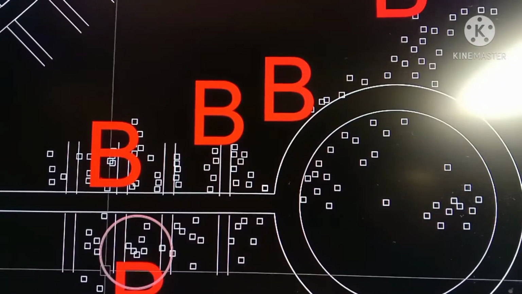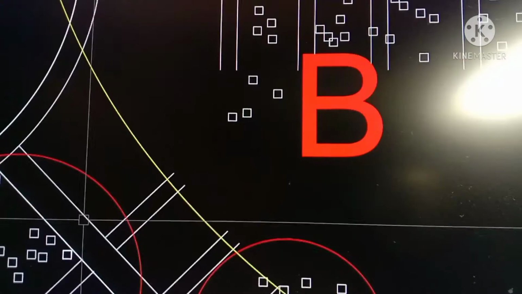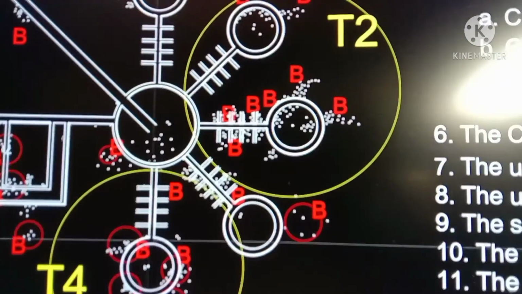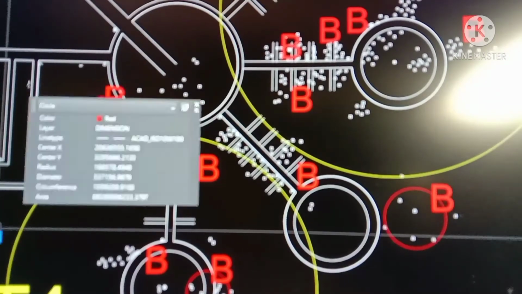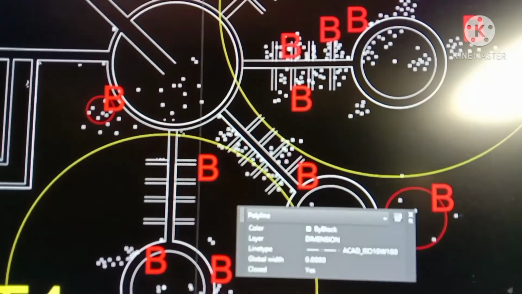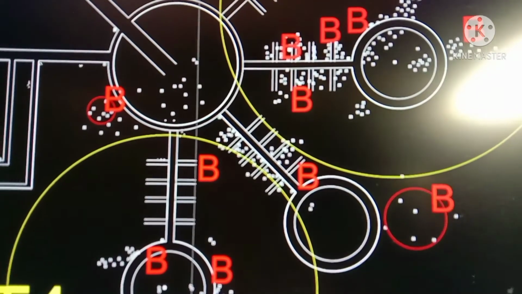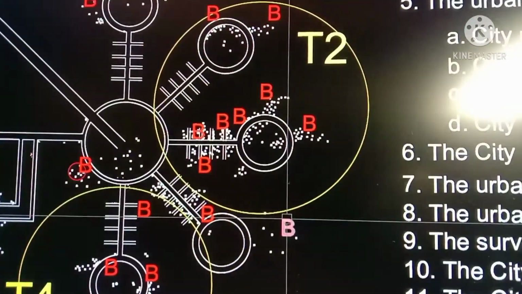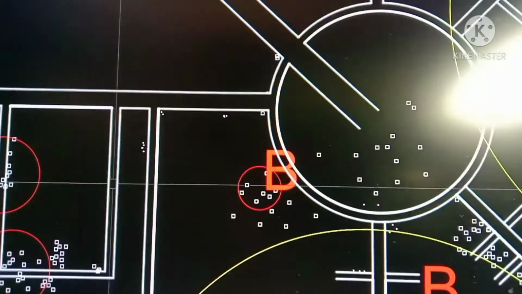Give me a moment first. I have to remove all those circles that represent the barangays. Okay, I have somewhere here another two.